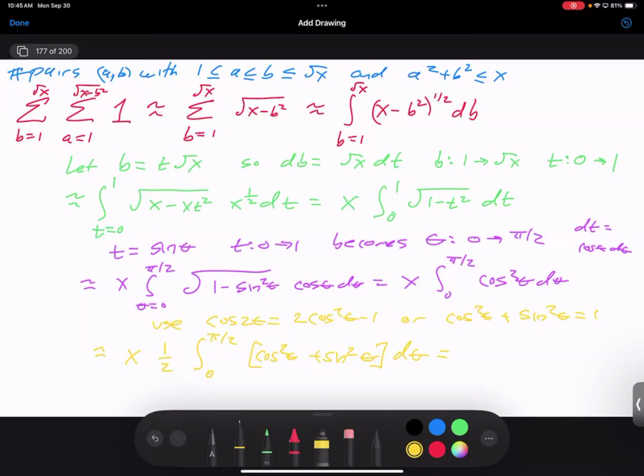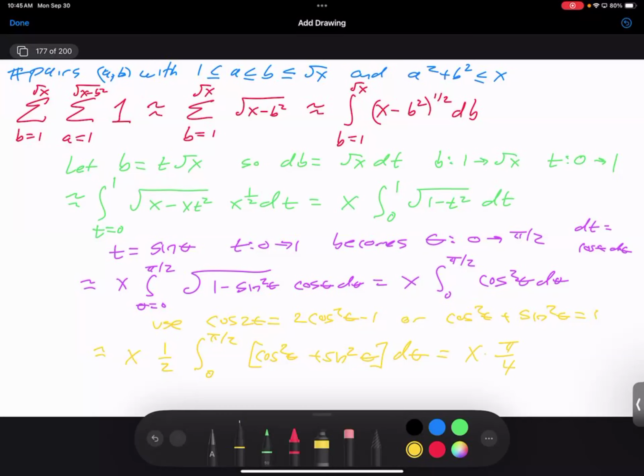So what does this integral equal? Pi over 2. And so then this becomes pi over 4. So x times pi over 4.